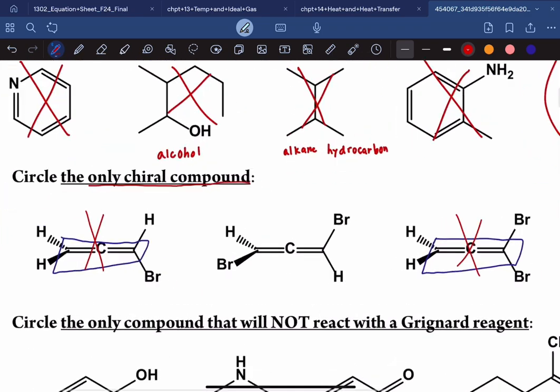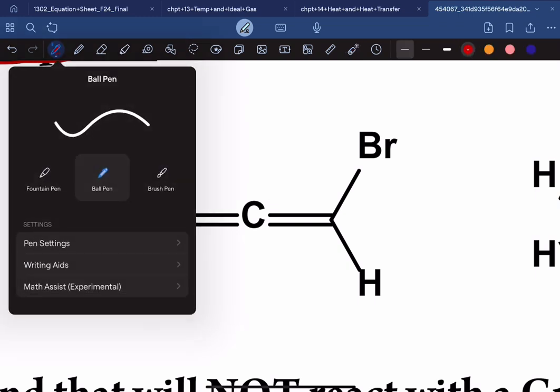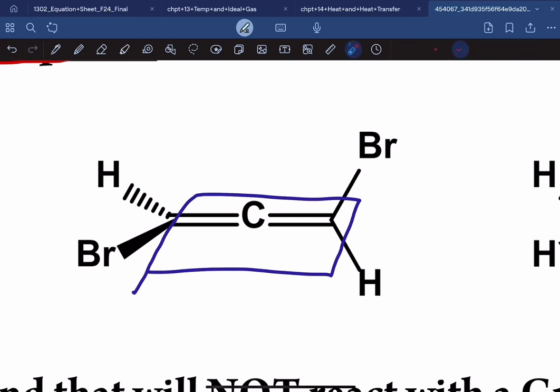So by process of elimination, this is our answer, but let's explain why. So if I draw on my plate again, and obviously there's a bunch of different ways to do this, okay? So if you have a way that you like to do it, just do it that way. Don't feel like you have to do it this way. But basically imagine now, if I were to cut this plate in half like we did in the last example, like we cut it this way.